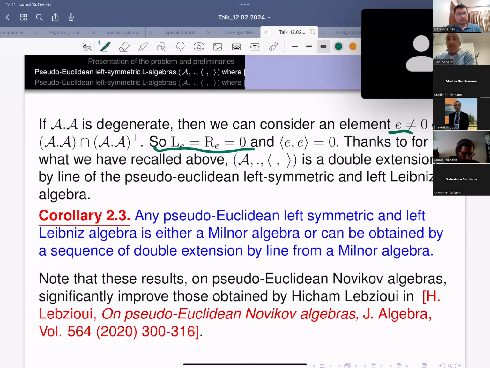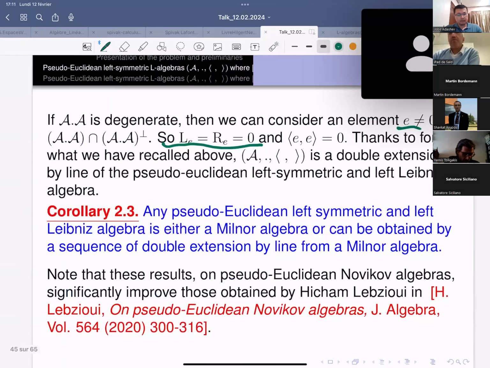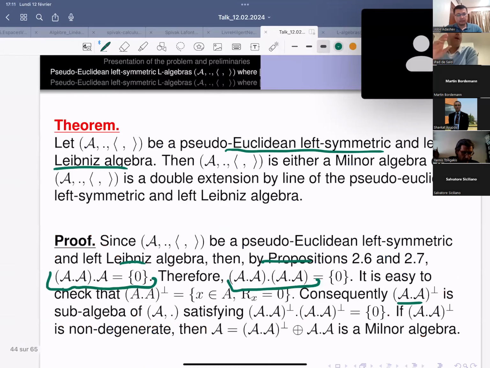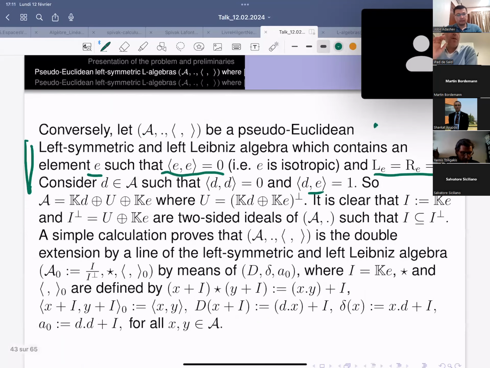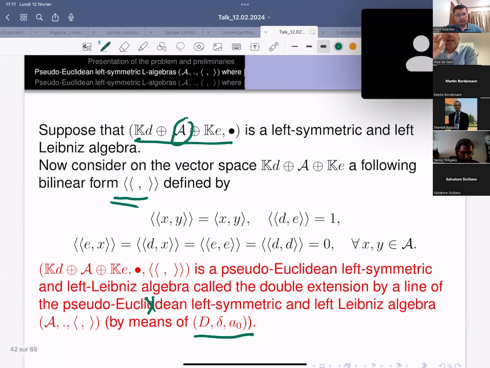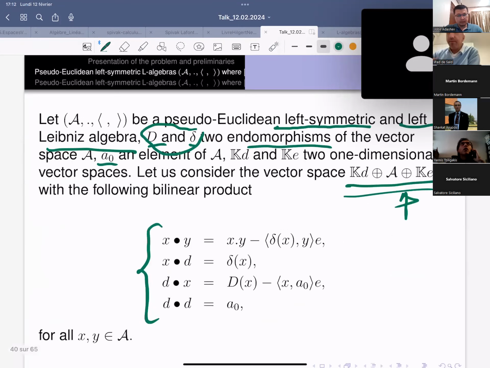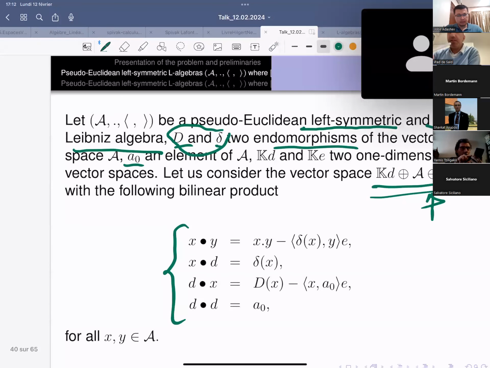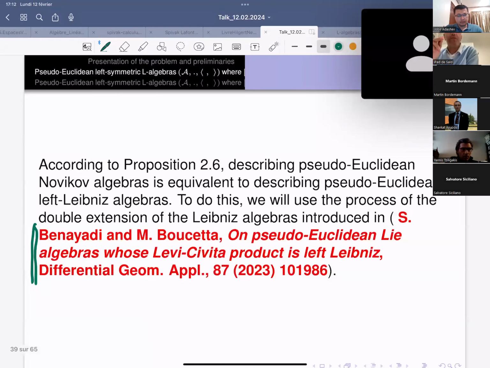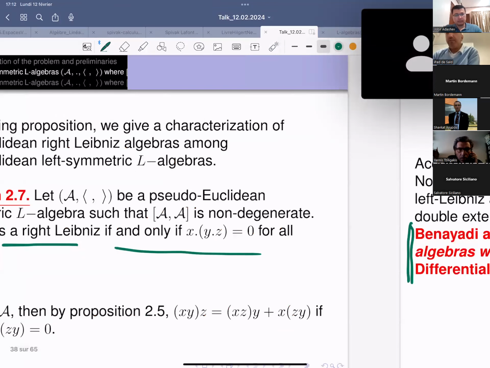When you have Novikov, left-symmetric and left-Leibniz, the left-Leibniz case is equivalent to the Novikov case. It's equivalent.